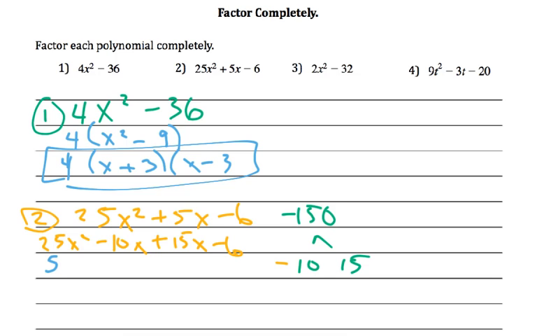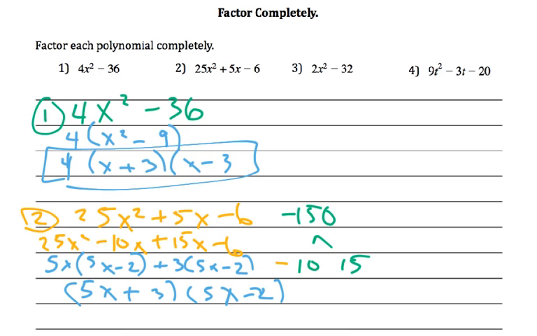From the left side, I can factor 5x out through setting up this grouping problem, and I'll have 5x minus 2, and then I'll have plus, let's see what happens if I factor out a 3, 5x minus 2, which usually tells us we did the right choice, the good way of going about the problem. I scan through it. I ask myself if anything else can be factored. So that thing on the right says 5x minus 2 if you can't read it. So we've got 5x plus 3 times 5x minus 2, and that one's completely factored.